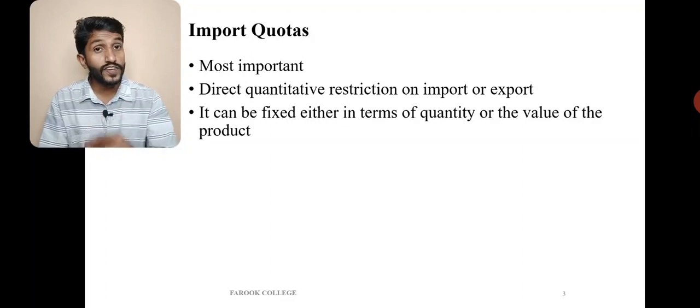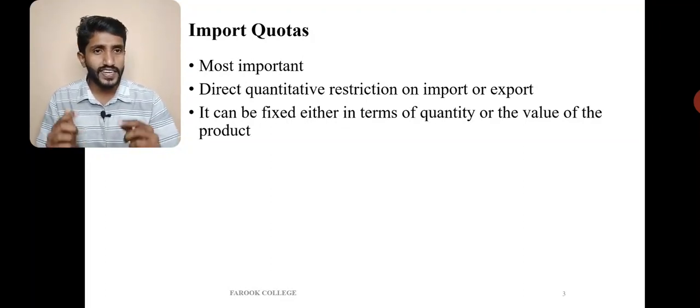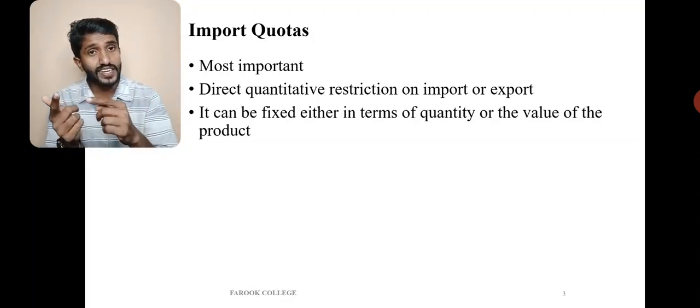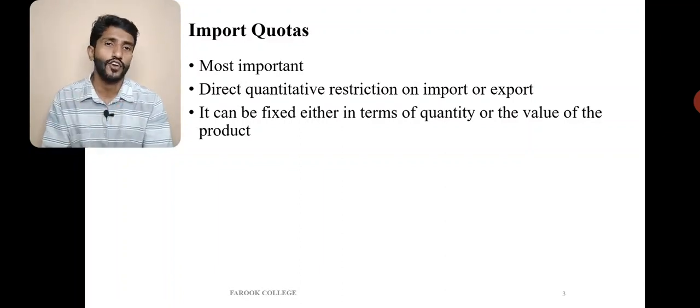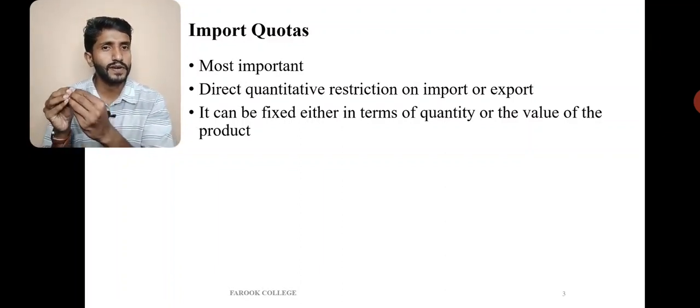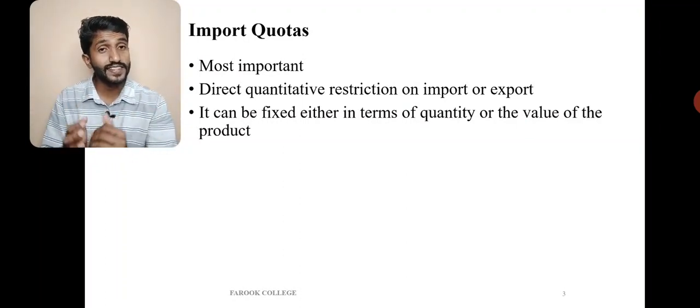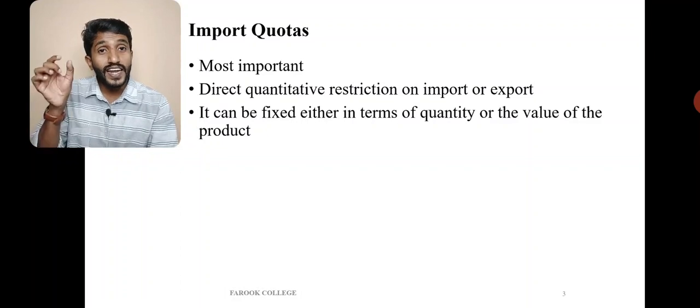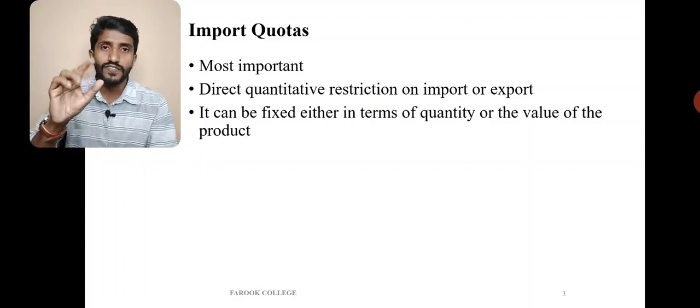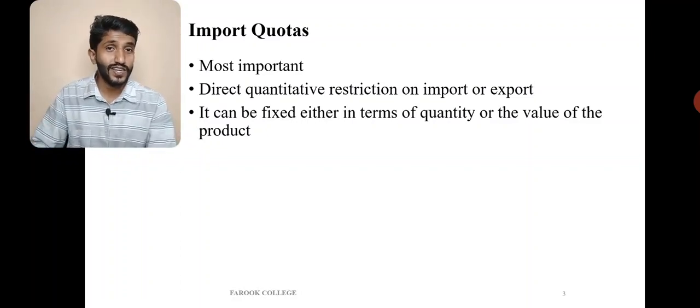So how do we fix these quantitative restrictions? It can be fixed either in terms of quantity or value of product. Here we said that a maximum of 10,000 TVs can be imported, or else we can say that 10 lakh rupees worth of TVs can be imported. So it is in value terms.